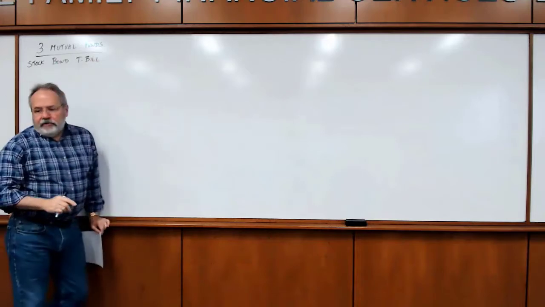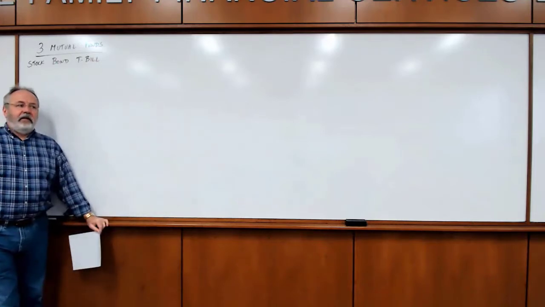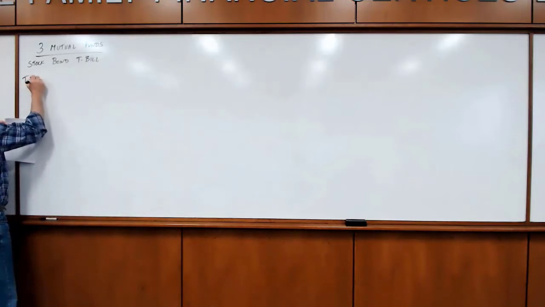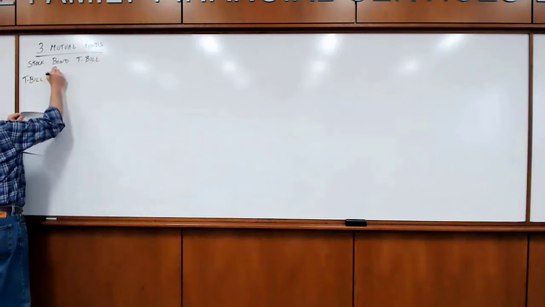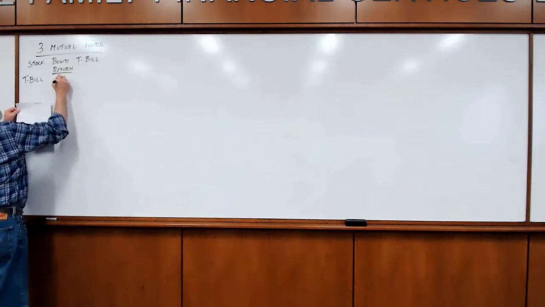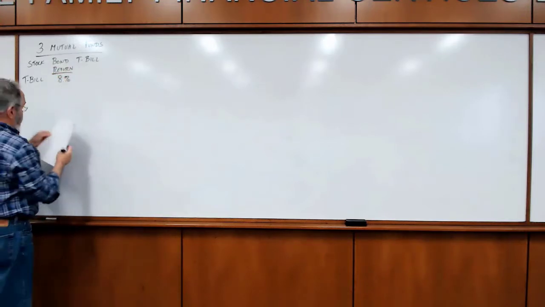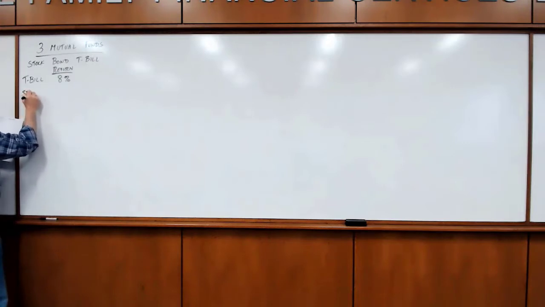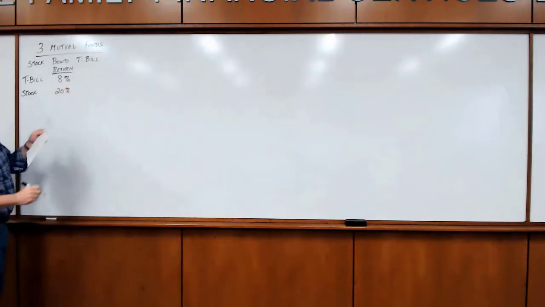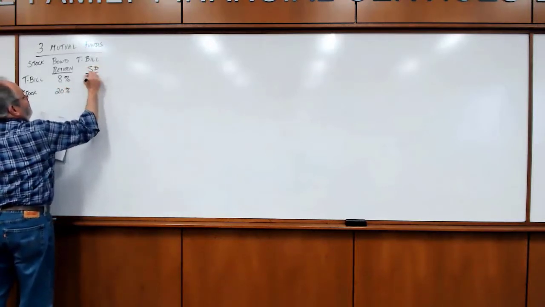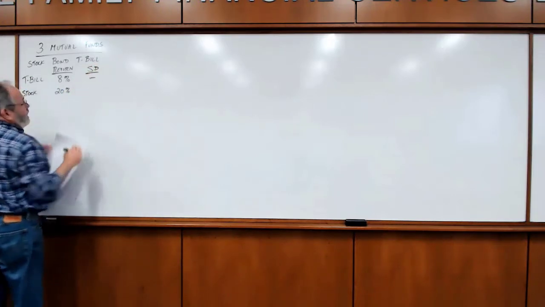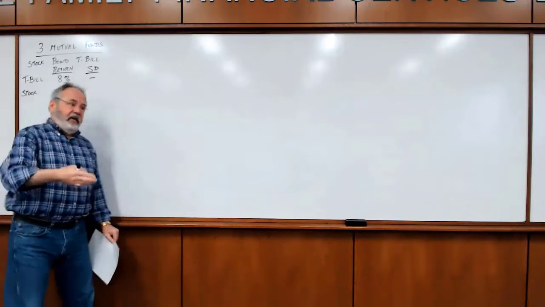We have three mutual funds: a stock fund, a bond fund, and a T-bill fund. T-bills return 8%. Stock returns 20%. Standard deviation, T-bills, risk-free, right? We don't need anything.